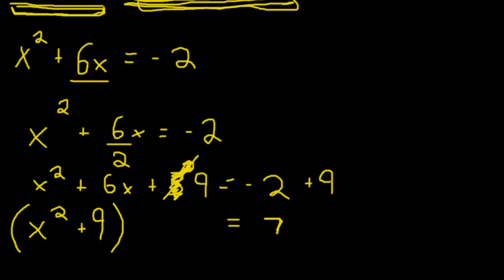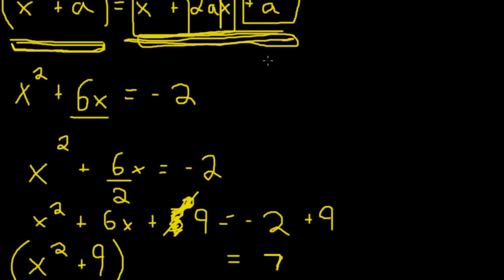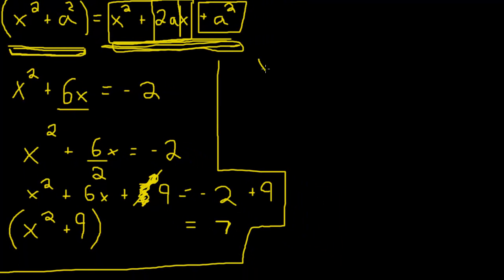Now I'm going to move over here a bit to the top. Let's say we want to solve for x. That would be (x plus 3) squared equals 7, in brackets, remember.